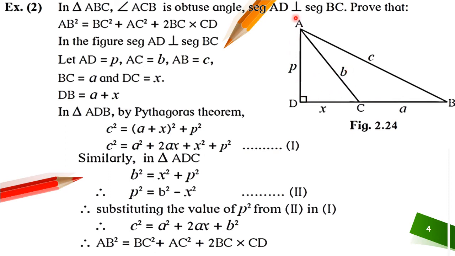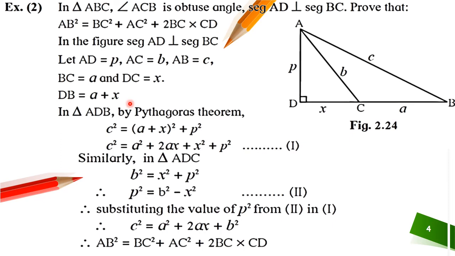Next, in this triangle, AD is named as P and DC is named as X. So in the figure, segment AD is perpendicular to segment BC. Let AD equal P, AC equal b, AB equal c, BC equal a, and DC equal x. Now if DC is x, then the full line DB will be x plus a. This is understood.